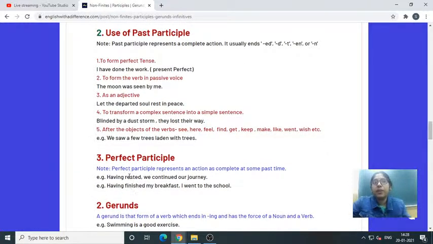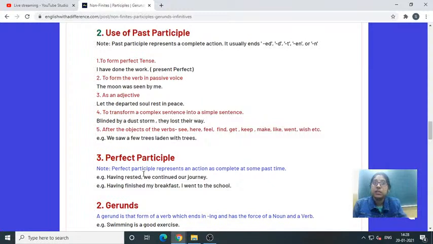Now look, what is perfect participle? Perfect participle, if you want to see, you can see here. Perfect participle presents an action as complete at some past time. Meaning it just completed the action. Okay, it tells about some past time matters. So having rested, we continued our journey. Example, you see here how beautifully it is used.